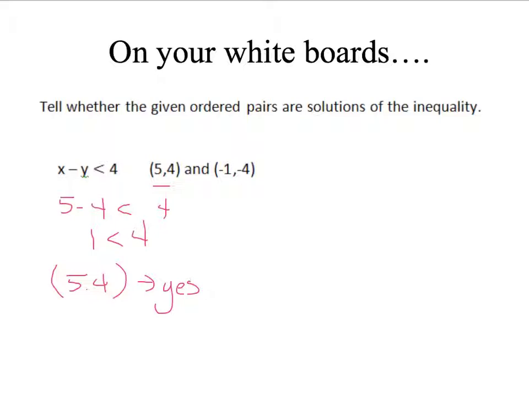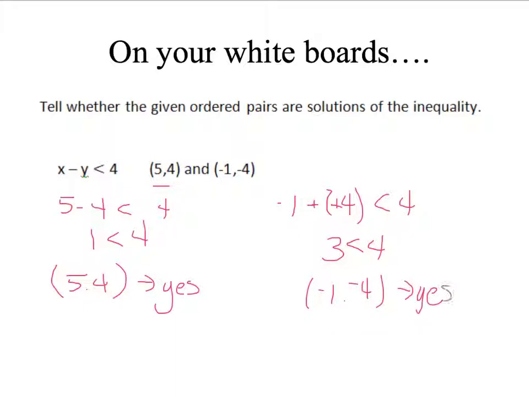Try the same thing with the next ordered pair. Negative 1 minus a negative 4, see if that is less than 4. Minus a negative turns to plus positive. So that would be 3 is less than 4. So negative 1, negative 4 is also a yes. Okay, so box those answers in.